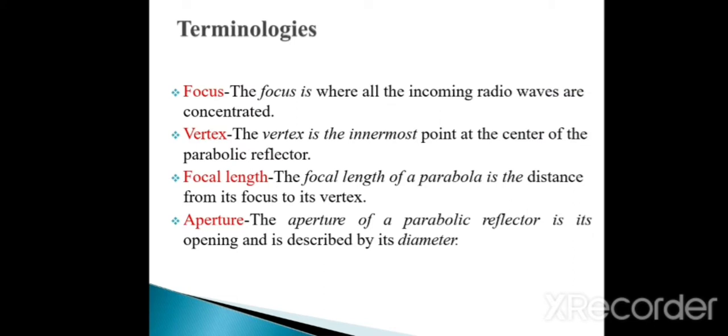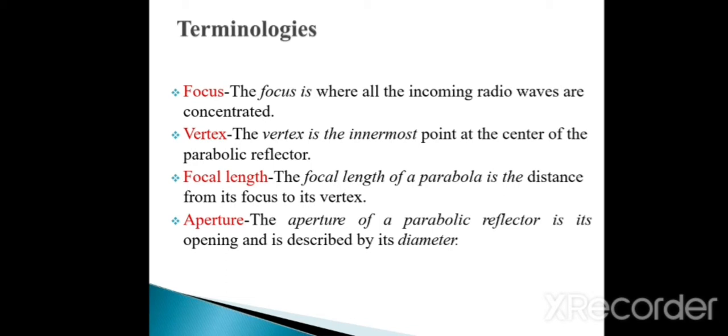So now the terminology: what are the things we need to know in the parabolic reflector? The reflector antenna generally has the focal point, the vertex and the aperture of the antenna. These are the parameters we need to know. The focus is where all the incoming radio waves are concentrated.